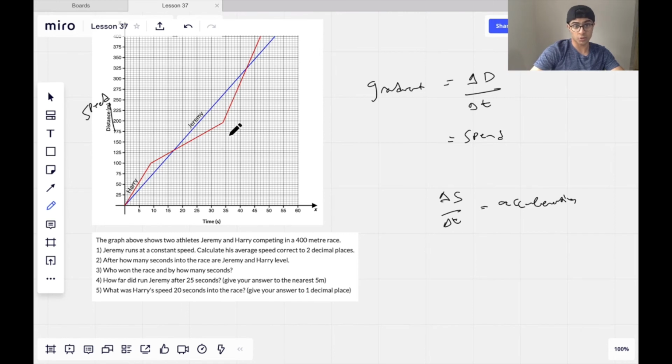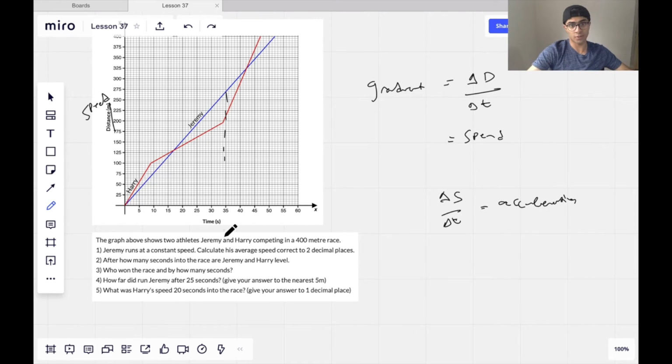So if this was speed, this was time, and say it was the first 35 seconds, the area here, when you calculate it, would be the distance traveled. So there are three things. I'll say them one more time. The gradient of a distance time graph is speed. The gradient of a speed time graph is acceleration, and the area underneath the speed time graph is distance.